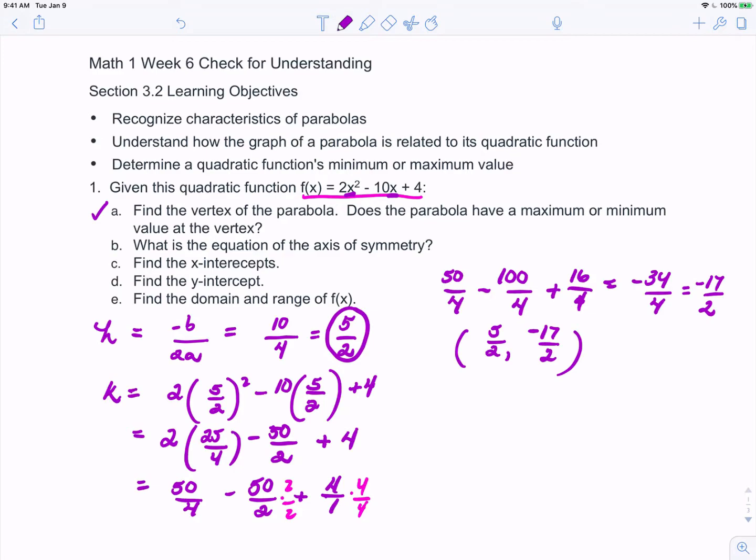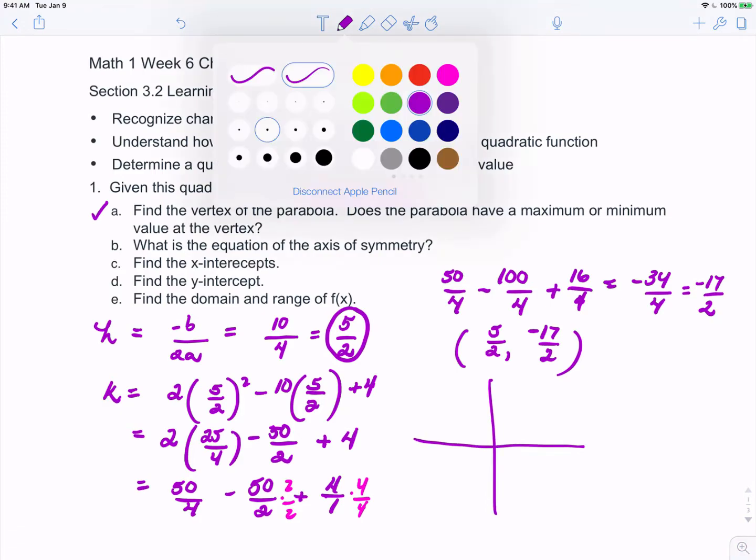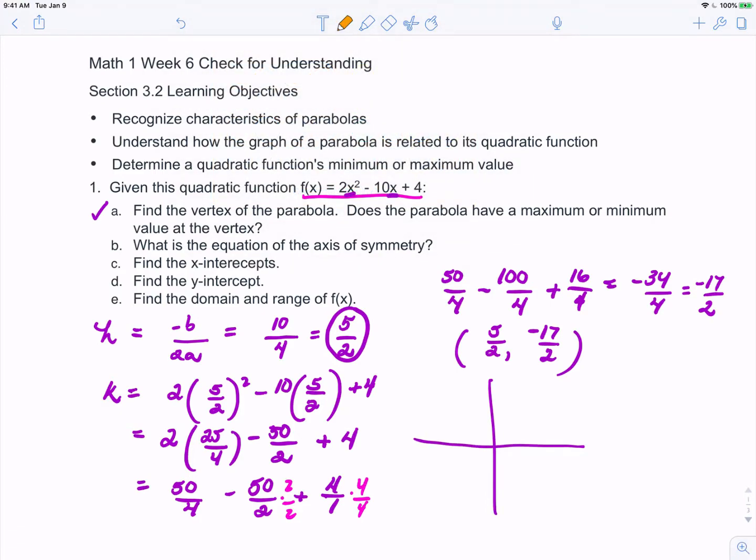What's the equation of the axis of symmetry? Well, let's think about a quick sketch of this parabola. It's going to have a vertex at 5/2, negative 17/2. So there's the vertex. We haven't found the x-intercepts, so we're just going to sketch what we think it might look like. Notice that this leading coefficient is positive, and so the parabola goes upward.